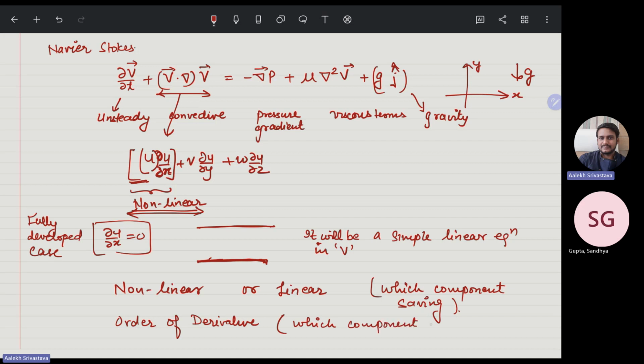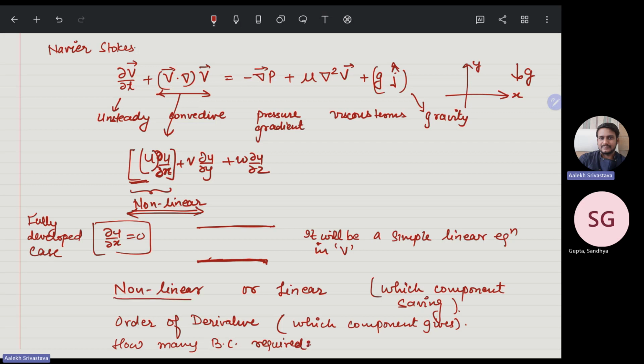Now, how many boundary conditions are required? Suppose there is a method by which you can solve the Navier-Stokes equation, whether analytically or computationally or by any other method. How will you solve?